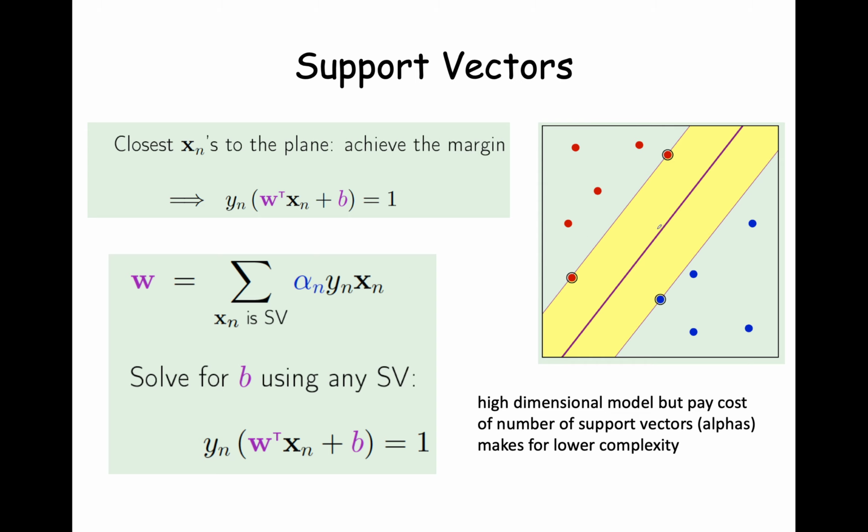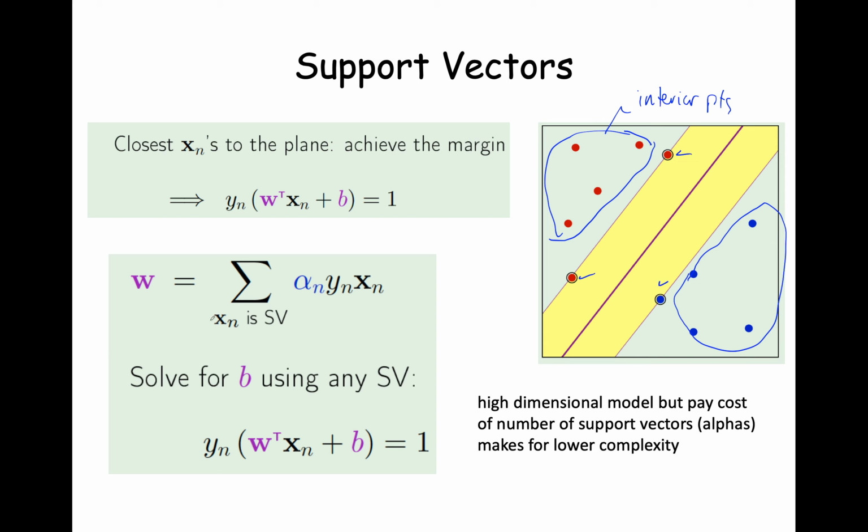In this example, we have three margin points, and these red ones are interior points. Let me mark them. So these are your interior points. Likewise, the blue ones here are interior points, and these are the margin points. So this one and this one are all on the margin.